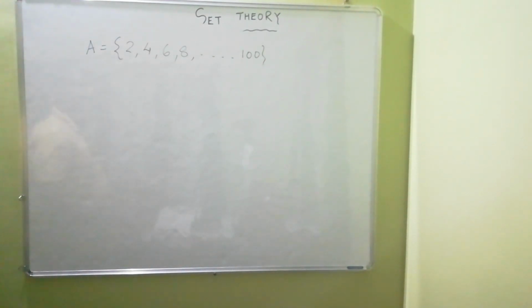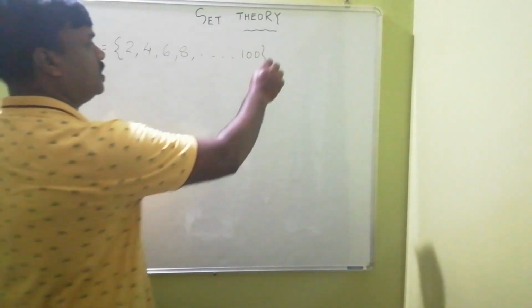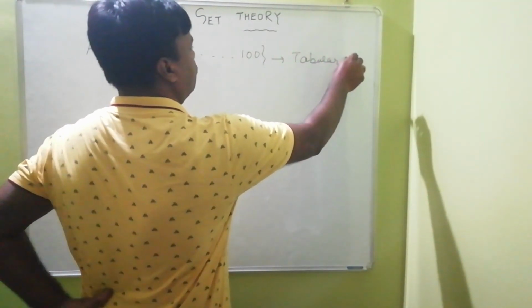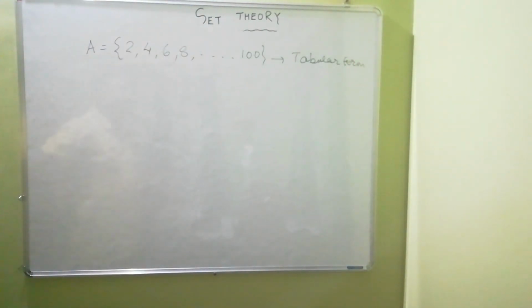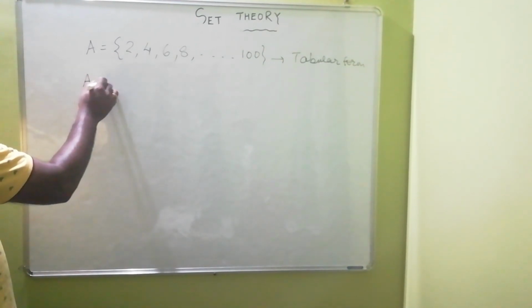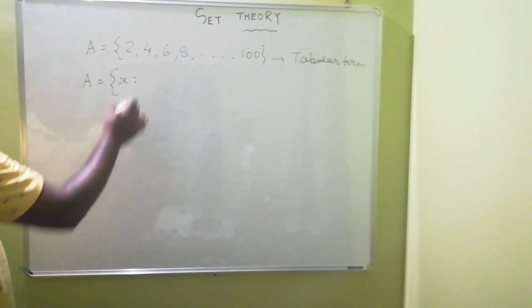This is a finite set because there is end of the numbers. Now in this, what is the way here? This is represented in tabular form. ये कौन सा form में है? Tabular form, and tabular form is more easier to write, but there are certain limitations of this. तो मैं इसी को अगर set builder form में लिखूंगा तो मैं लिखूंगा set of all x such that.